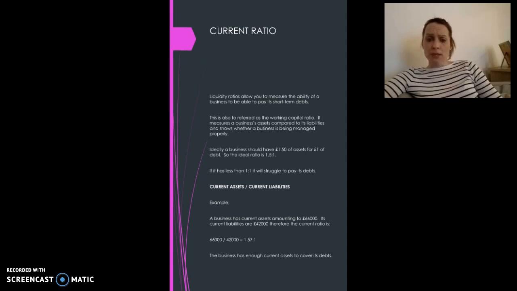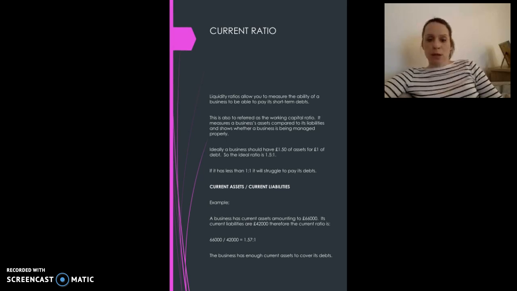And that will be displayed as a ratio of 1.5 to 1. So we're moving away from percentages just for the moment, and we are using a ratio format. If a business has less than £1 to 1, it will struggle to pay its debts.